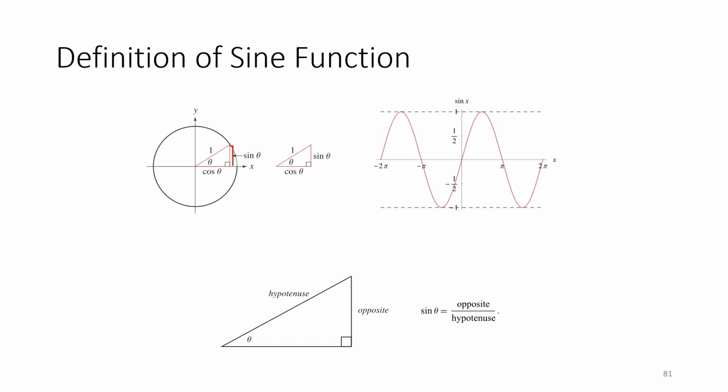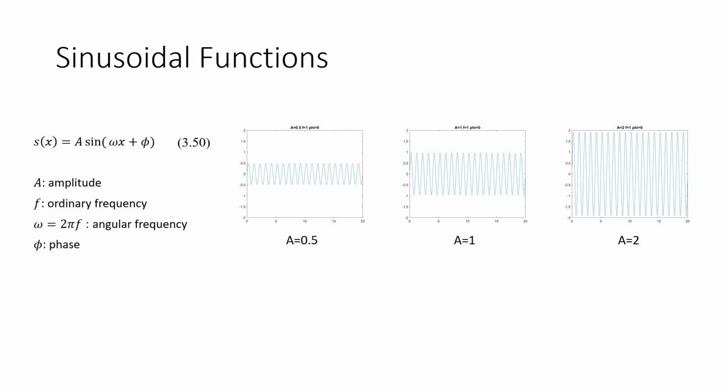The formal definition of this function has an amplitude and a sine function with a frequency. The frequency would be f, and omega would be 2 pi times f. This is the angular frequency, and then there is also a phase. So there are three parameters for the sine function.